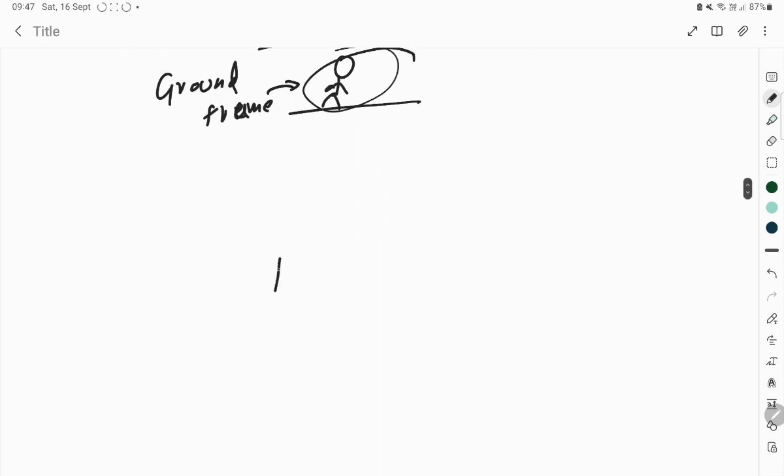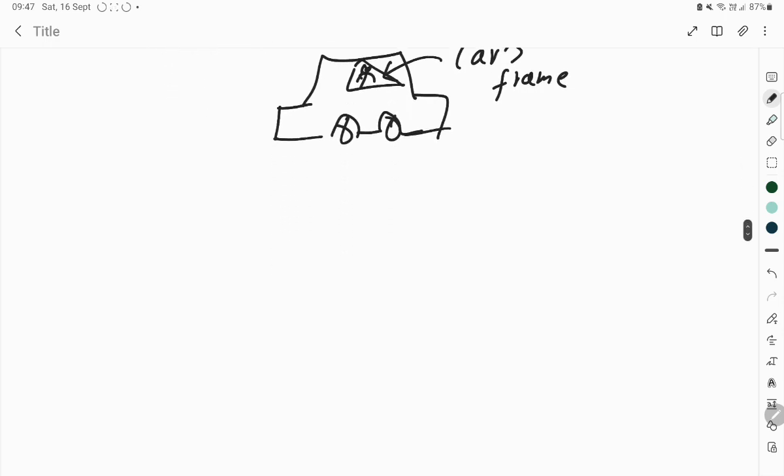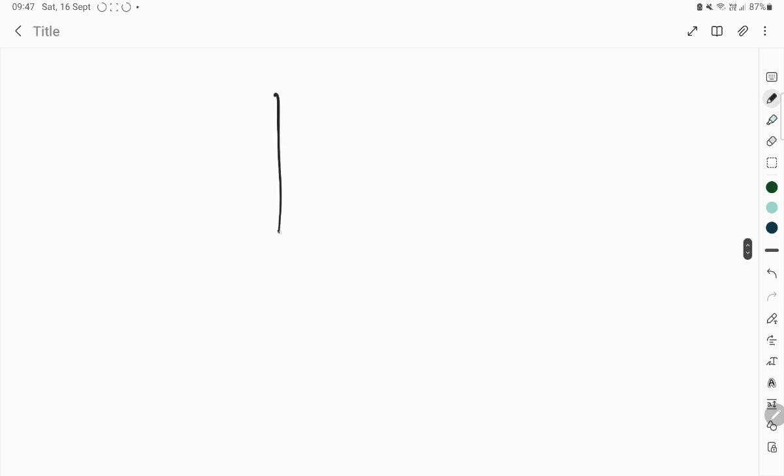Now suppose I am inside the car. Then any motion which is going to happen around me will be with respect to the car's frame. So what is a frame of reference? A frame of reference is a three-dimensional frame along with a clock to measure time.